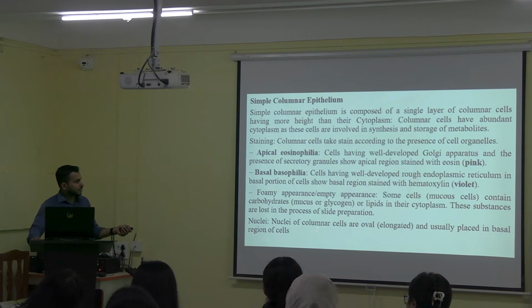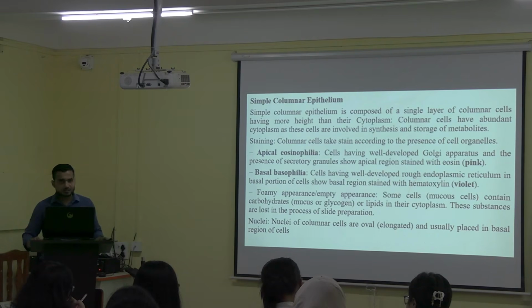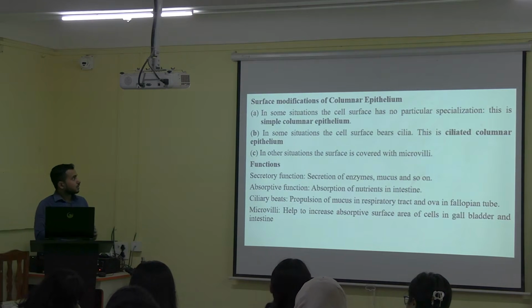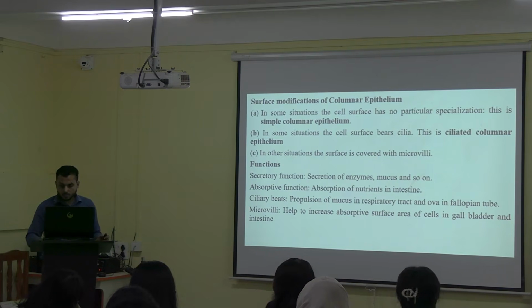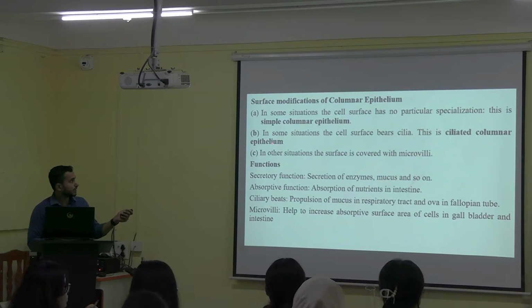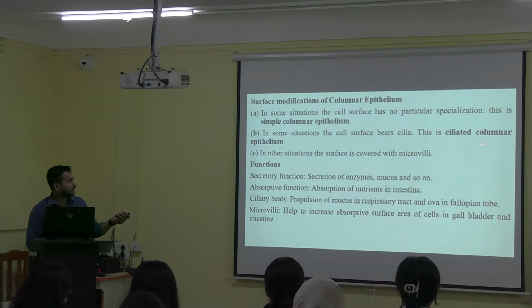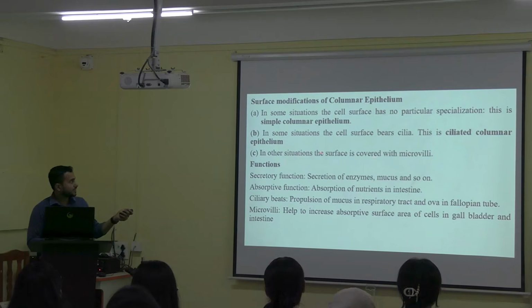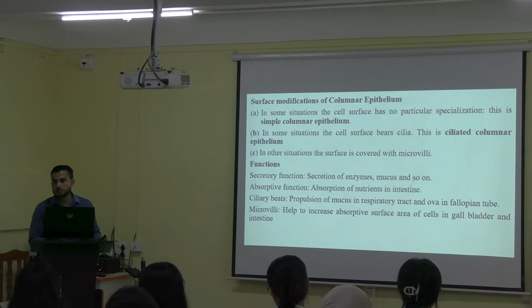Next, the nuclei of the columnar cells are oval and placed at the basal region of the cells. In simple columnar epithelium, some modifications are also there, for example ciliated columnar epithelium, and in some cases microvilli are also present.